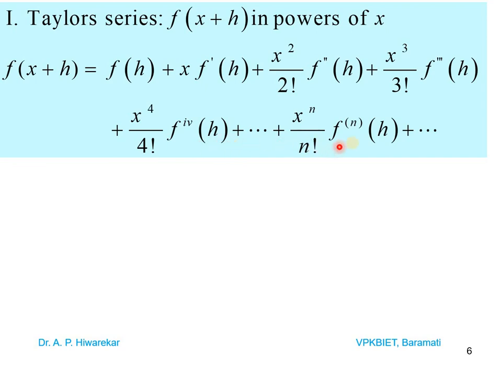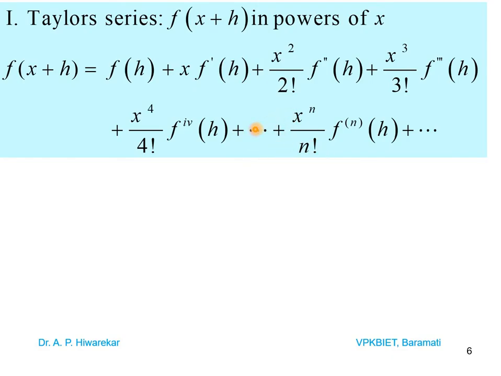The general term will be x to the power n by n factorial into fn dash at h. Here dash obviously represents derivative. So this is the first derivative, this will be the second derivative, this is the third derivative, and so on. This is the most important formula, called Taylor series, and it is the expansion of f of x plus h in powers of x.